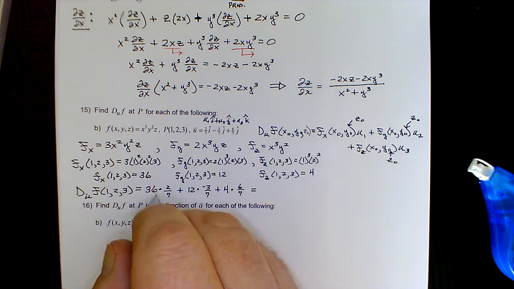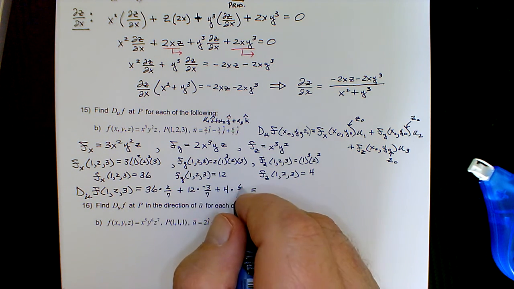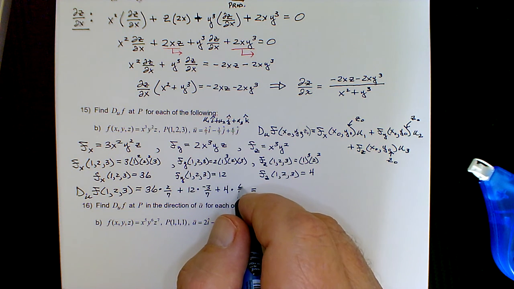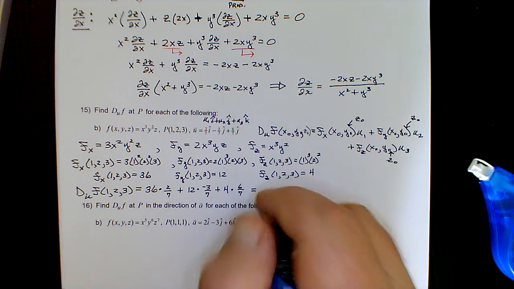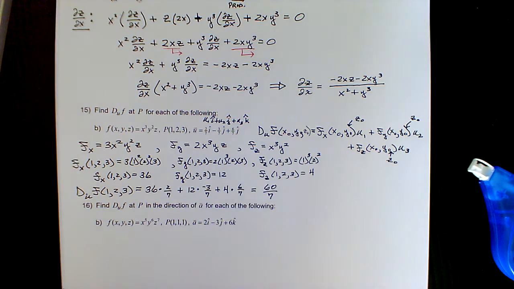If we crunch that down, 72 minus 36 is 36, plus 24 is 60. So 60 over 7.